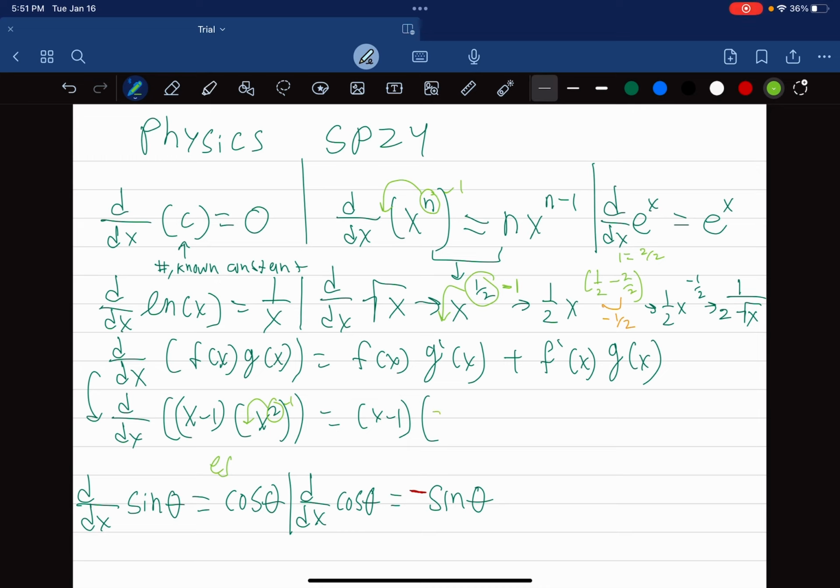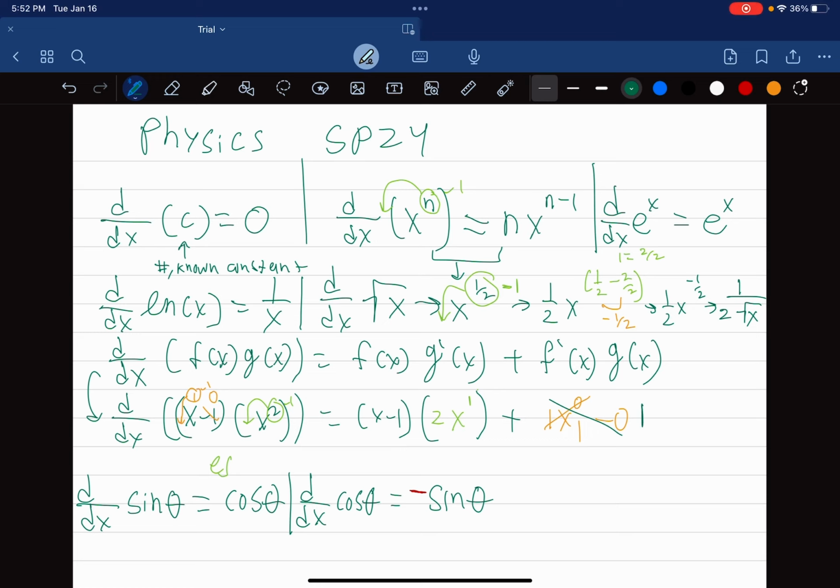So that's going to give us 2x to the power 1. And then from there you plus it to the derivative of this one. This is a constant, so that's going to be 0, and this is 1. Bring that 1 down, minus 1. That's going to give you 1x to the power of 0, which is just 1, minus 0, basically. So it's basically going to be plus 1.